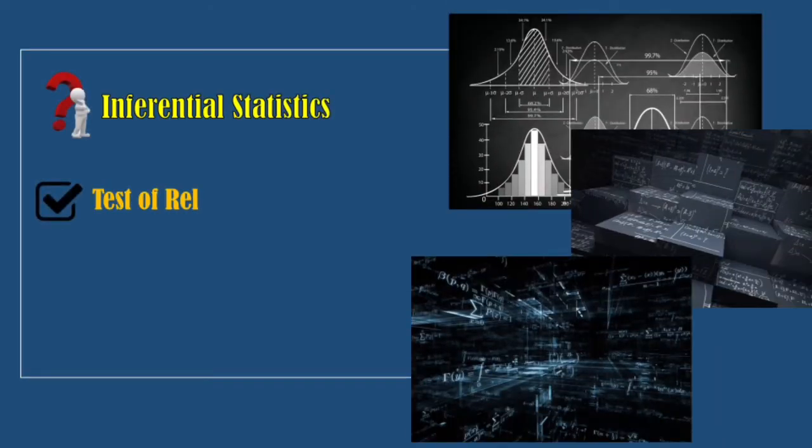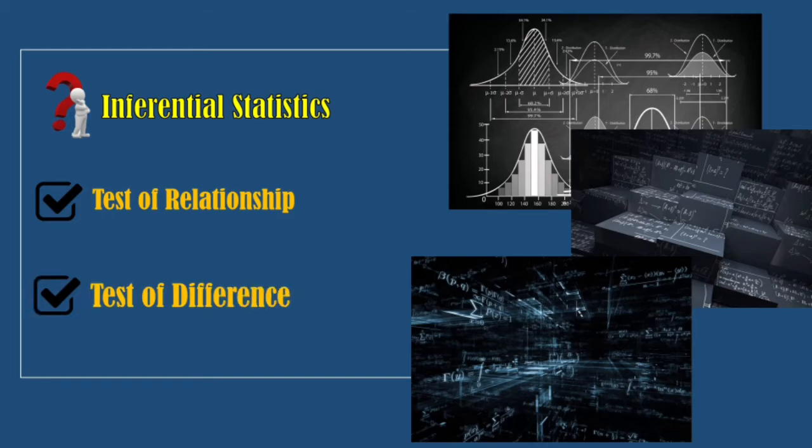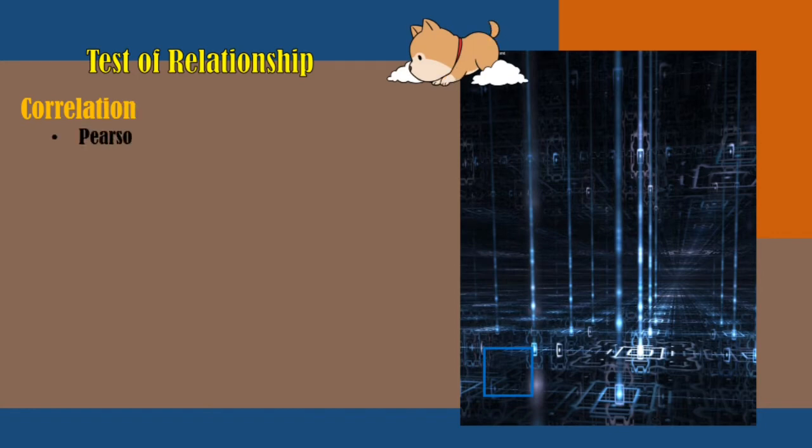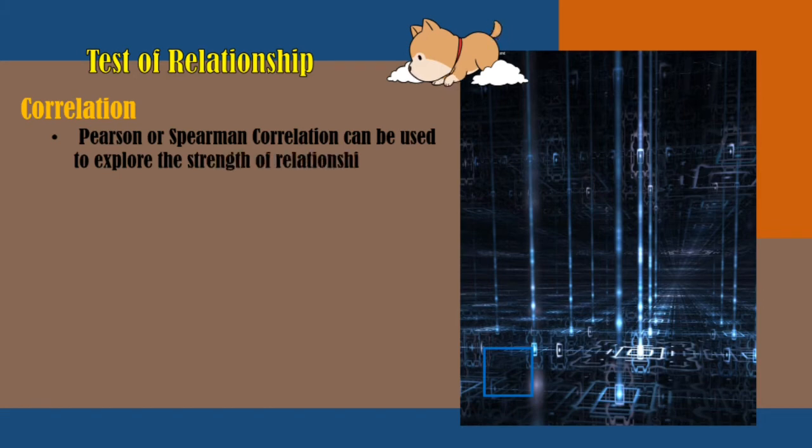Now let's proceed with inferential statistics. We have test of relationship and test of difference. Under the test of relationship, we have correlation. And here, the Pearson or the Spearman correlation can be used to explore the strength of relationship between two continuous variables.